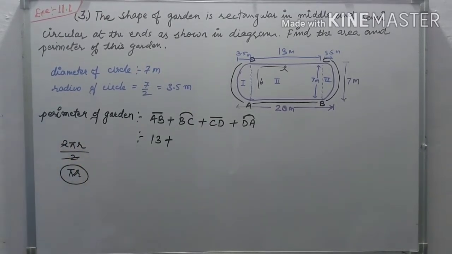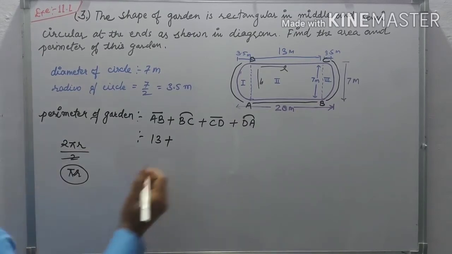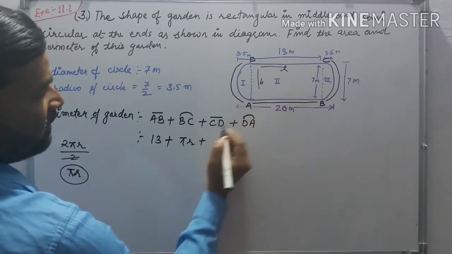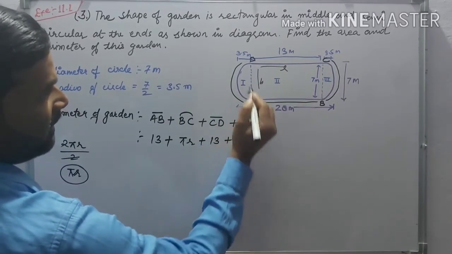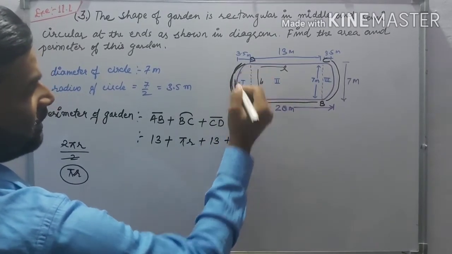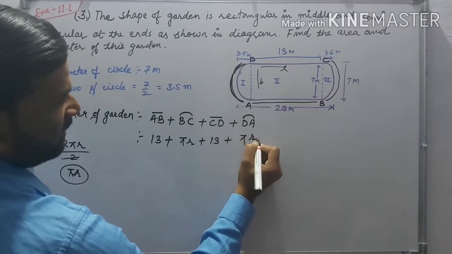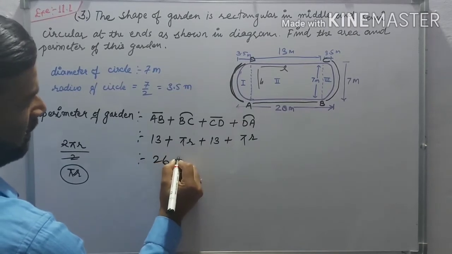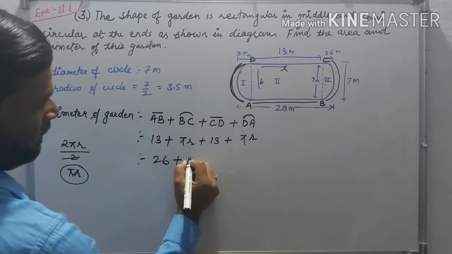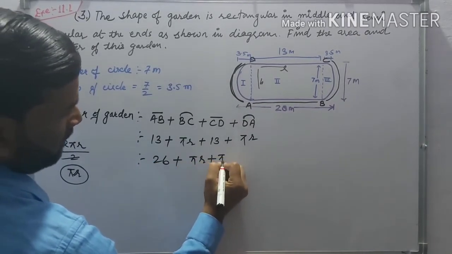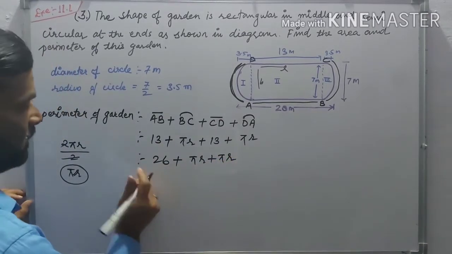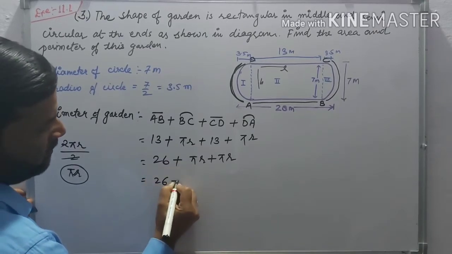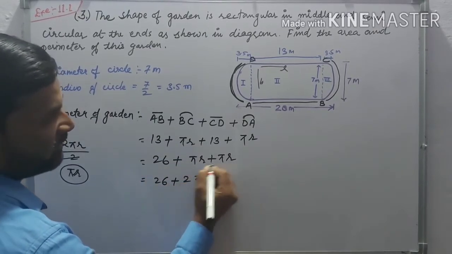So pi r, plus CD which is 13, plus again the semicircle pi r. Now 13 plus 13 is 26, plus pi r plus pi r, which is 26 plus 2 pi r.